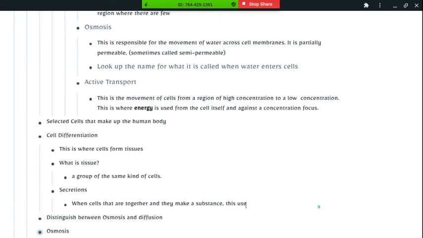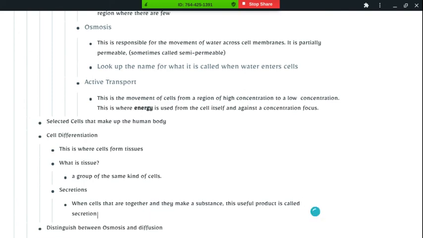This useful product is called secretion. An example of secretion would be, it's kind of cool, dopamine. Do you know what dopamine is? Dopamine is basically the molecule that makes you happy. So when you hear that school is over, dopamine gets released.